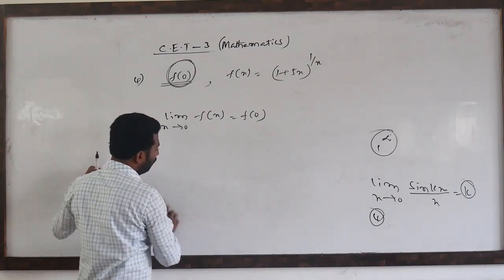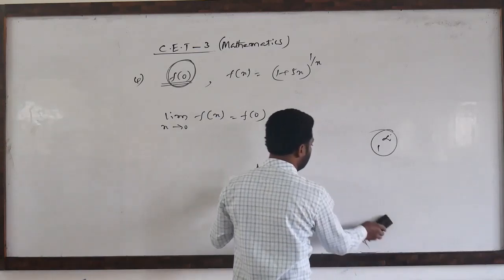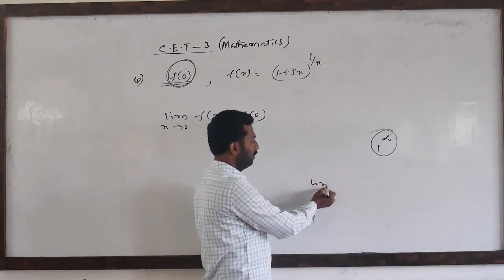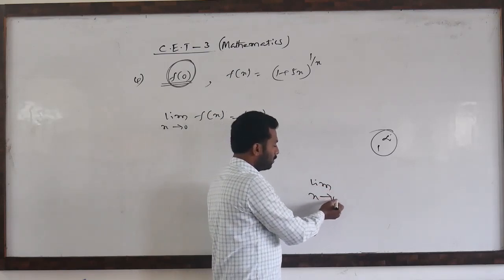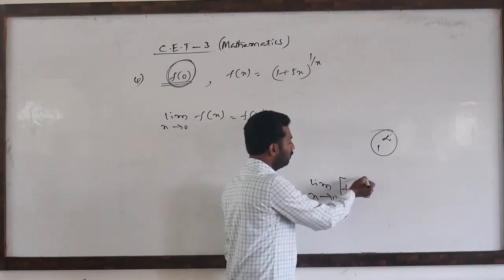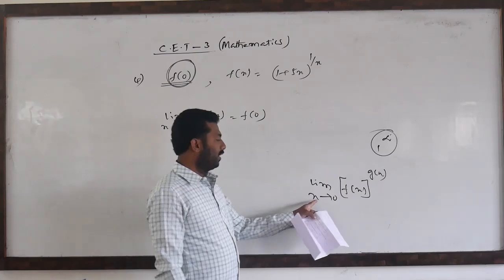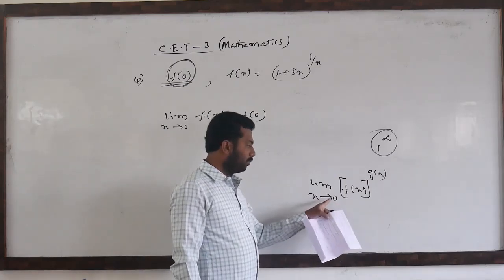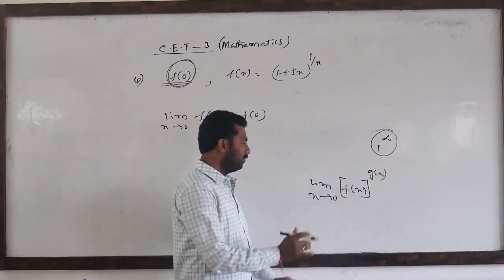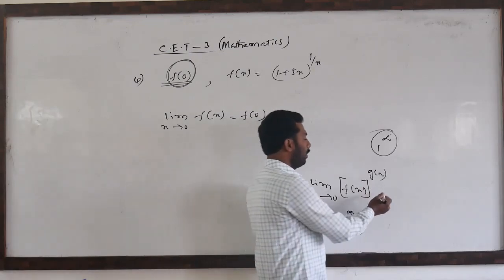Some results you should remember. Whenever the limit as x tends to 0 of f of x to the power g of x gives 1 power infinity when you substitute x equal to 0, what should we apply here?